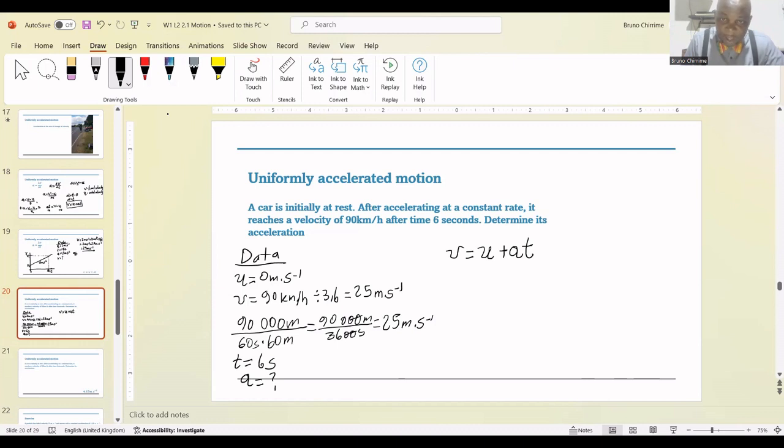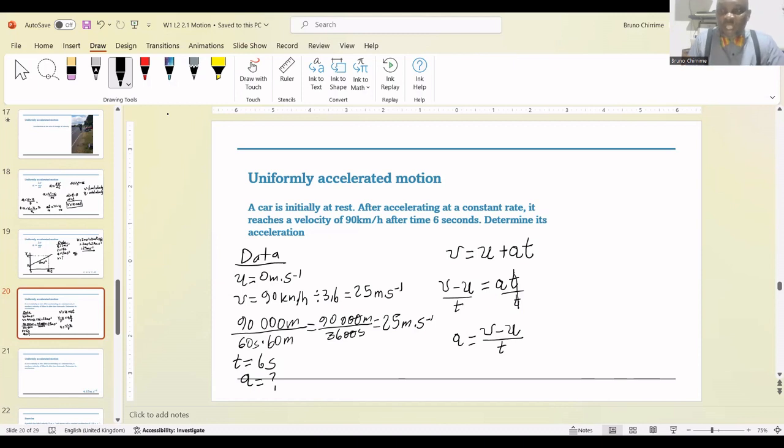So we are calculating acceleration here. Acceleration will be v minus u over t, because that's the unknown we want. So we substitute for acceleration. Now we plug in the values: 25 meters per second minus initial velocity, which was 0.